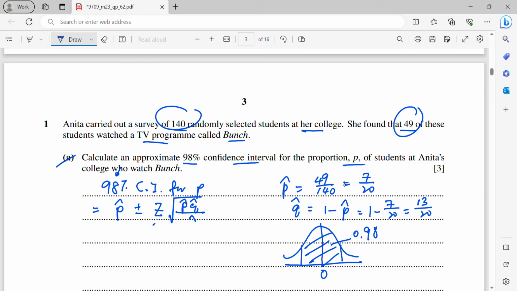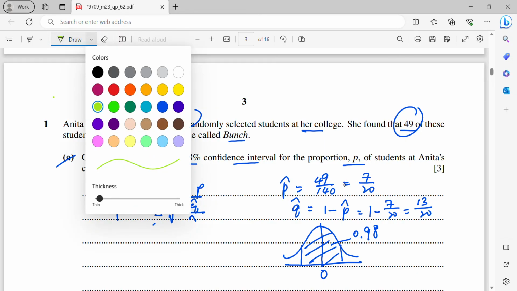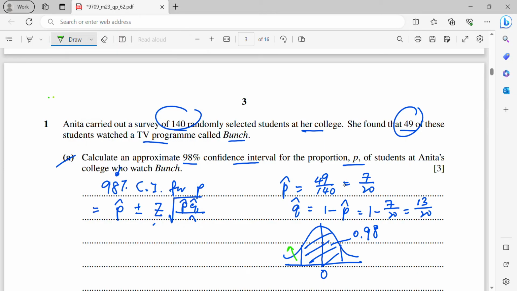We know that the total area under the curve is 1, which means the region on the left hand side is going to be 1 minus 0.98, which is 0.02, and divided by 2 because we have left and right side, so which is 0.01 here. Which means now when you refer to the normal table, we need to get the total region of the green arrow. So obviously it is 0.98 plus 0.01, then I will be getting 0.99.